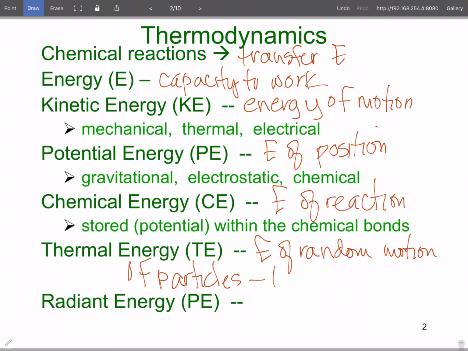We call this temperature. And radiant energy I just throw in because it's the energy of the sun. It's radiating energy, so I just like to throw it in for fun and entertainment. Now we'll talk about kinetic energy, potential energy, but mostly chemical energy because it's a form of potential energy.